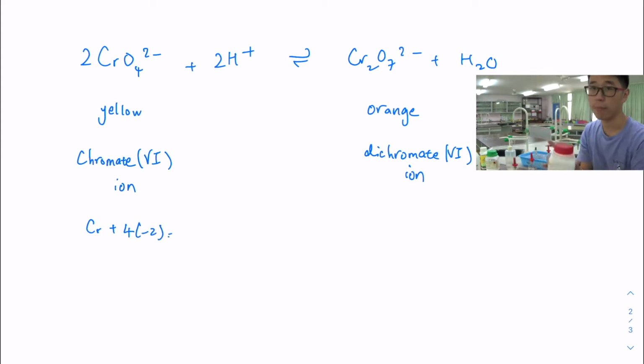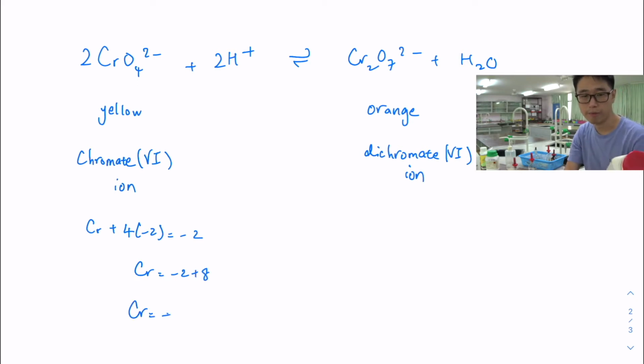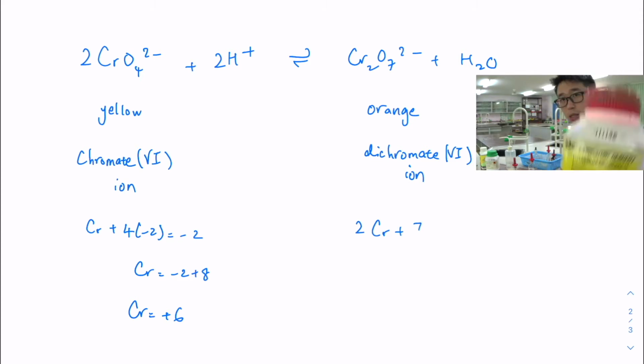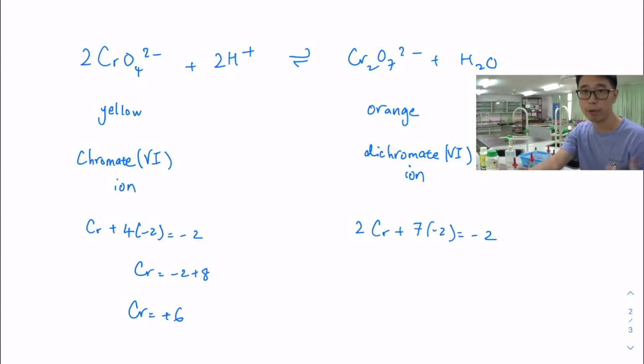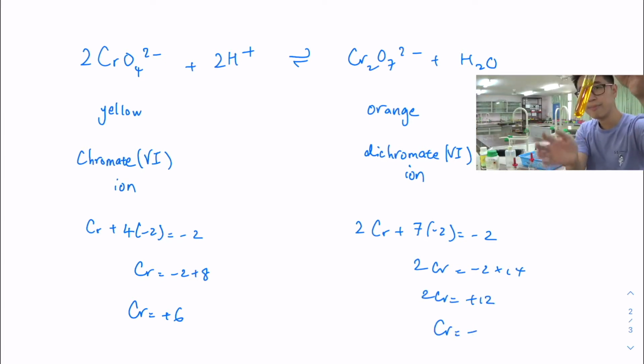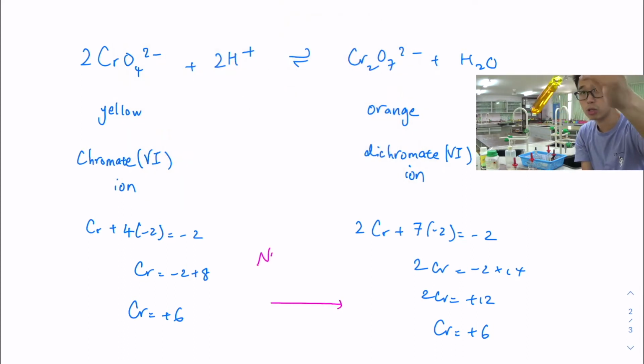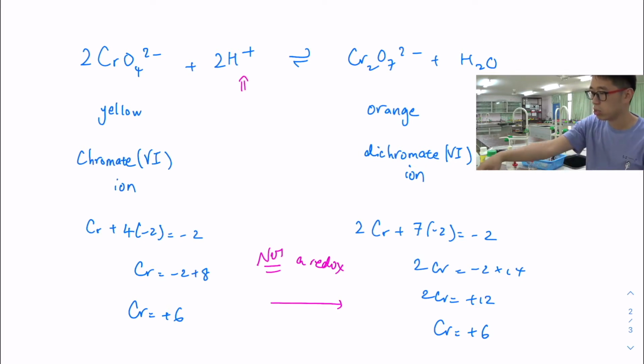It's called chromate (VI) to represent the +6 oxidation state of chromium. This is Cr2O7 2-. This is called dichromate 6 or dichromate (VI) to represent the chromium +6. Okay, so the yellow color goes to orange color, and you could write an equation for it, which I'll try and show on a picture.